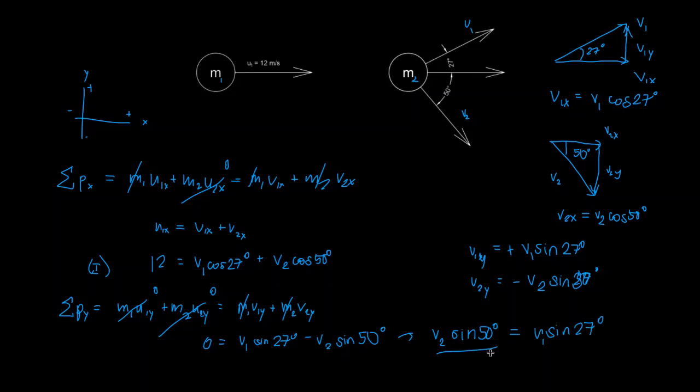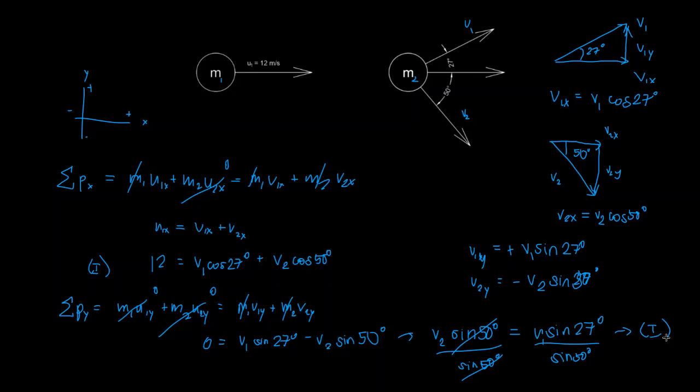And we're going to divide both sides by sine 50 to get our equation for v sub 2. So that's v sub 2 equals v sub 1 sine 27 over sine 50. This is our second equation. So this second equation will be plugged in our first equation.